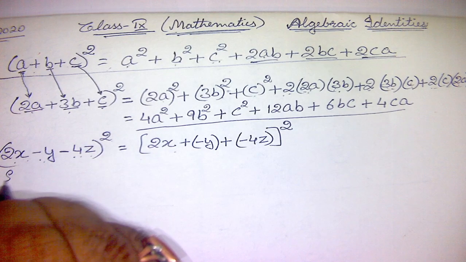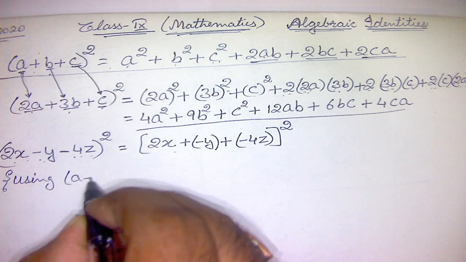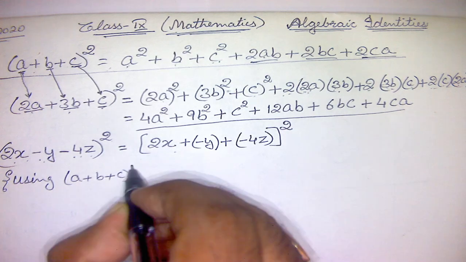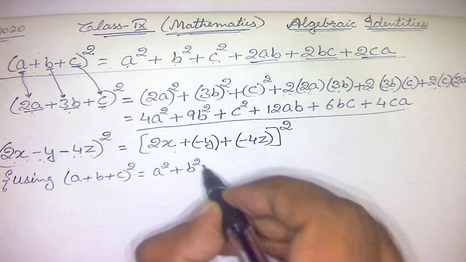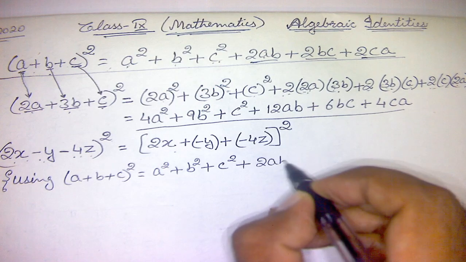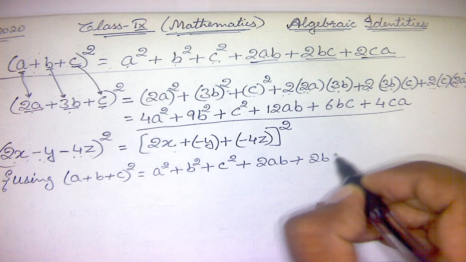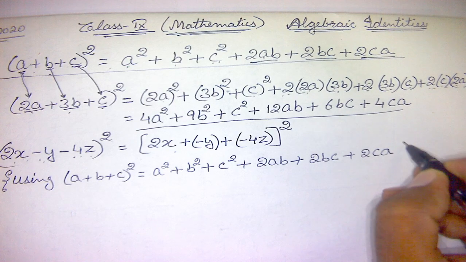Now you use the identity, that is (a + b + c) whole squared equals a squared plus b squared plus c squared plus 2ab plus 2bc plus 2ca.